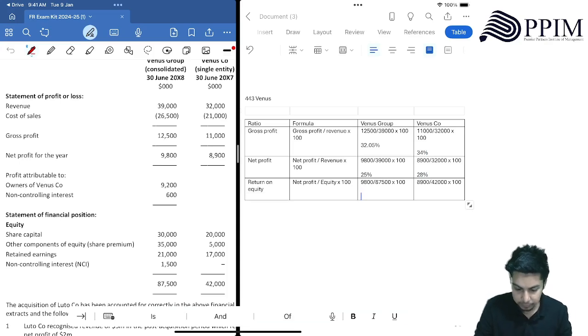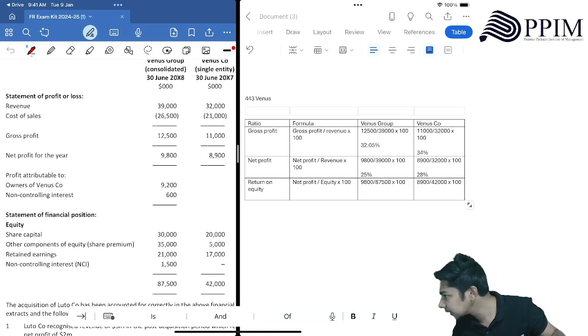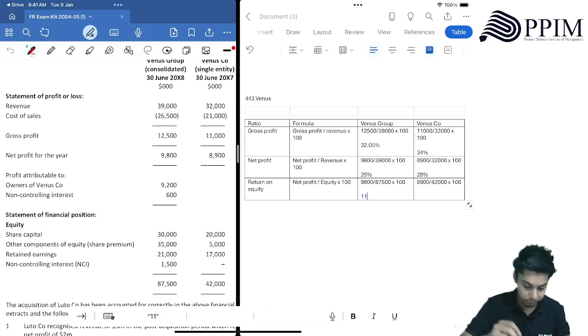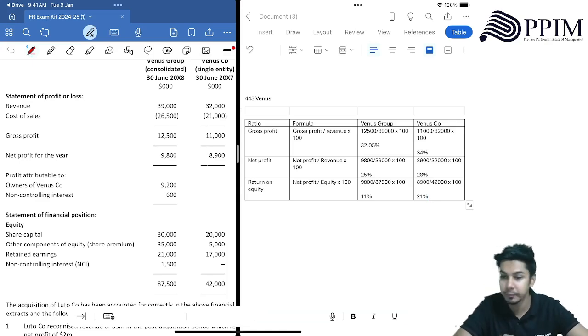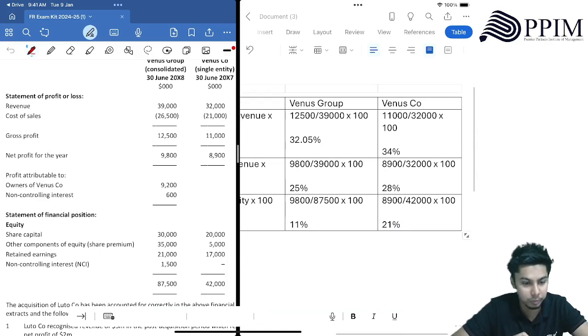Okay, then, guys, next one, we have the return on equity. I am getting two answers as 11 and 21. Is it okay, guys? 11%, and the other one, guys, over there should become how much? 21% approximately. Right, little bit check and see, guys, with these answers where things are okay with you quickly.